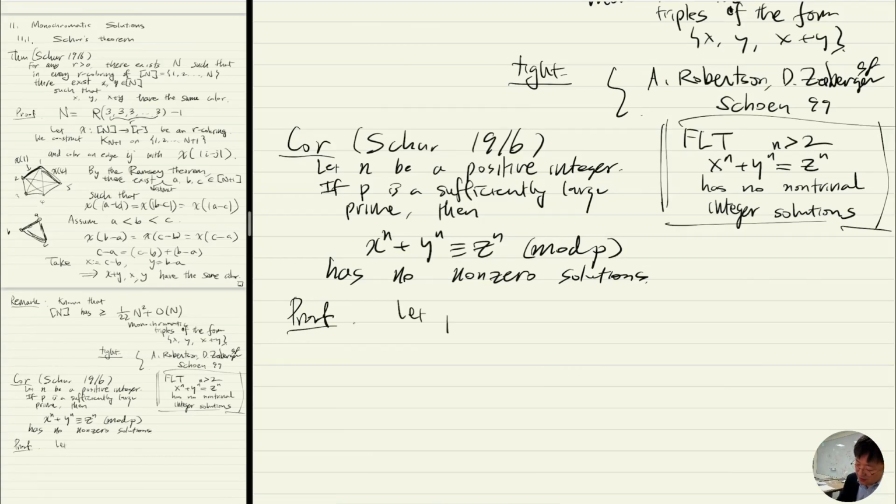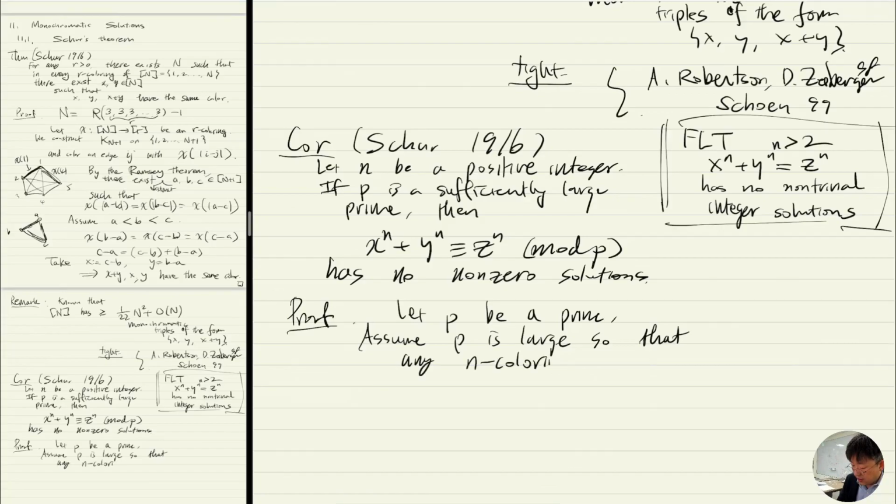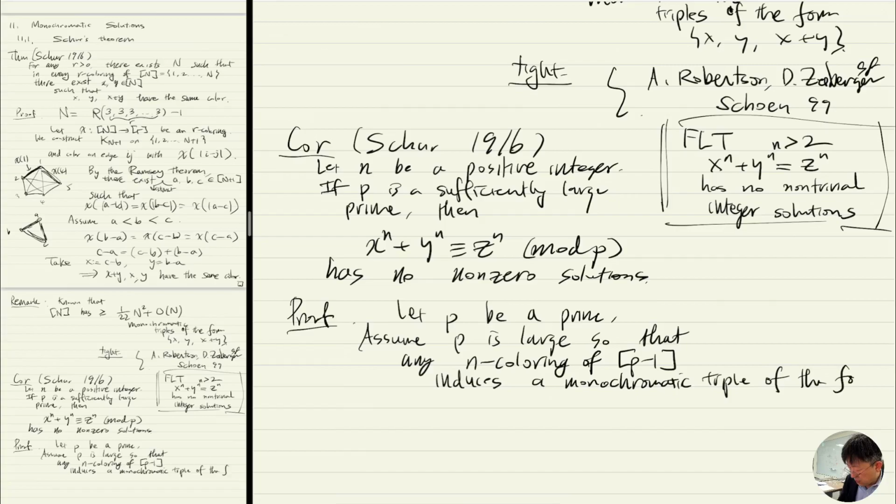So let's say p is a prime, and assume p is large so that any n-coloring of the numbers from 1 up to p minus 1 induces a monochromatic triple of the form, let's say, x, y, and x plus y.